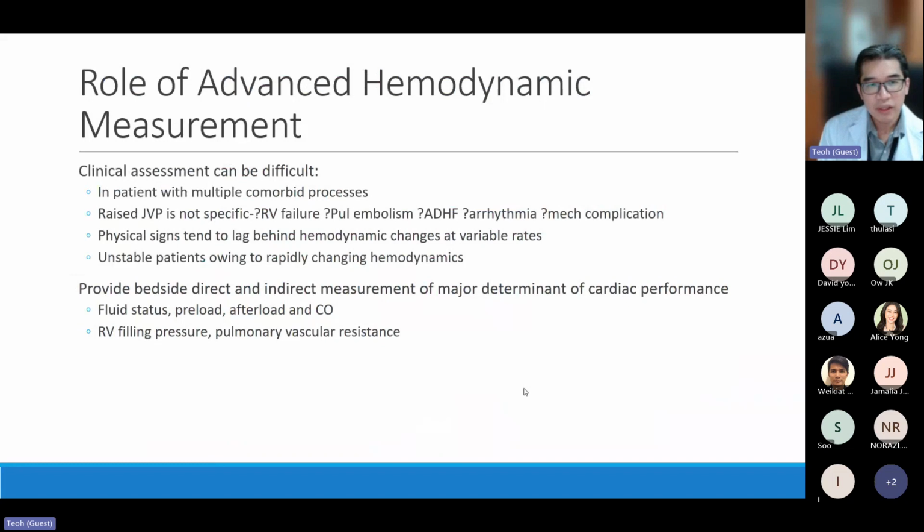And physical signs that you can pick up from your physical examination tend to lag behind the hemodynamic changes. So you might have a delay in the diagnosis if you can't get the patient's hemodynamic measurement. And of course, our patients tend to be not stable. Cardiogenic shock is always a rapidly changing condition.